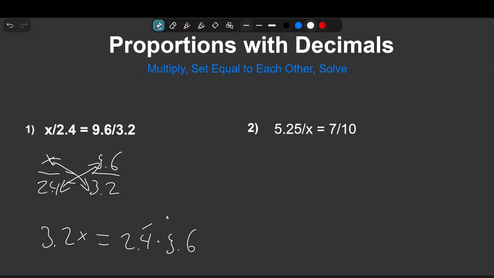Well, this equals 23.04. So now we can put it into our equation. So now we have 3.2x equals 23.04. And now we have an equation we have to work out.